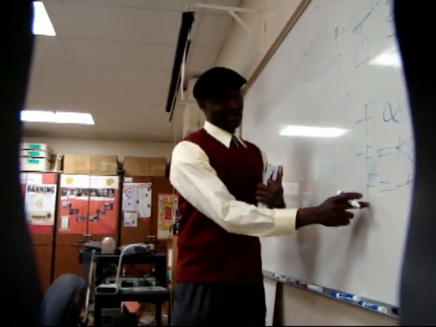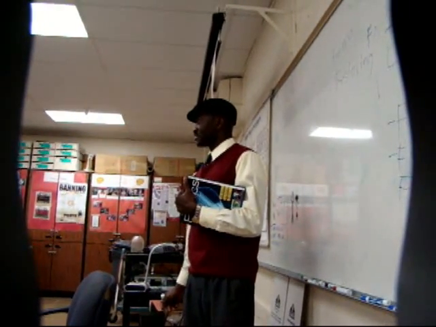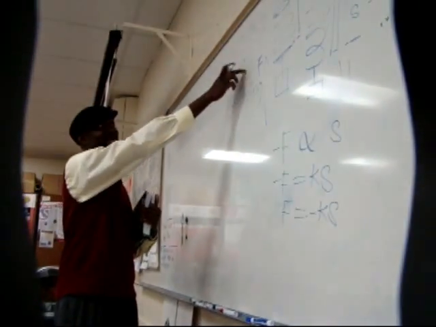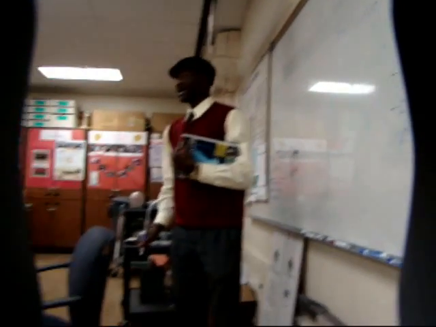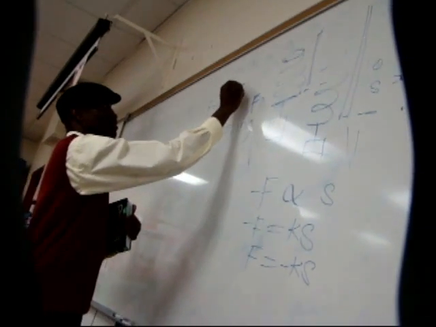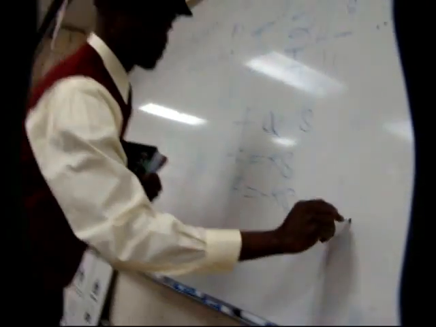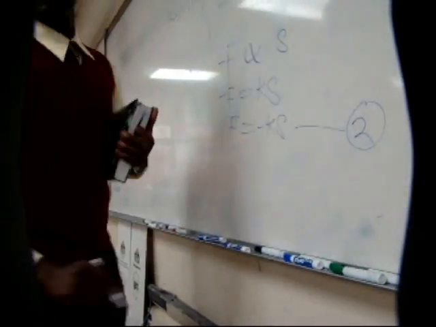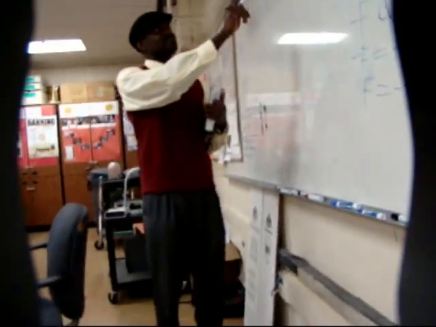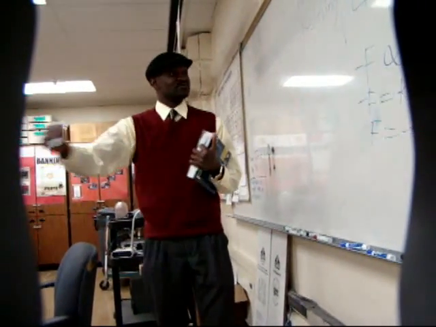But if you look at this formula, there is no mass there. However, there's another formula that has to do with mass, and that is this one. So you can call this equation 1 if you want to, and call this one equation 2. Does that make sense?